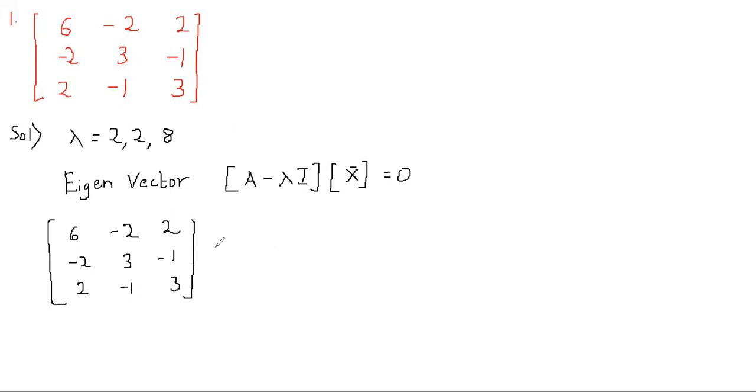Minus lambda times I, and I is the unit matrix for 3 cross 3, so the leading diagonal will be 1 and the remaining elements will be 0, and we have lambda outside.